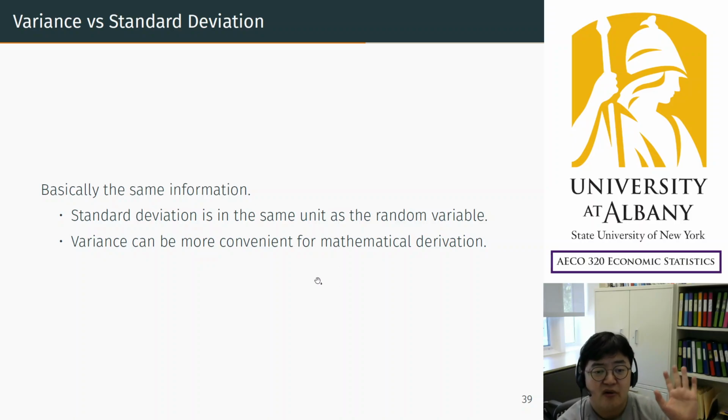Okay, so in sum, both measures are used, but in different contexts, one measure could be more useful than the other, but basically they are the same thing. They are the same information, and you don't need to worry about not knowing the other if you know one of them.